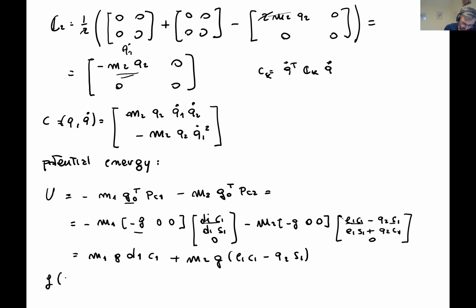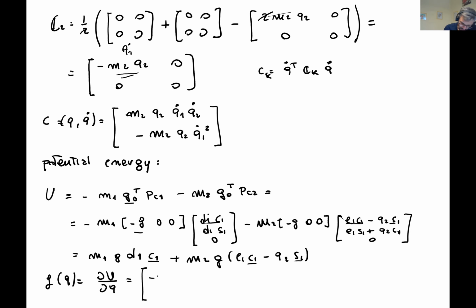And if we want to compute the gravity vector component-wise, you differentiate this with respect to the joint position vector. For the first component, we differentiate with respect to Q1. The only terms affecting this are these.